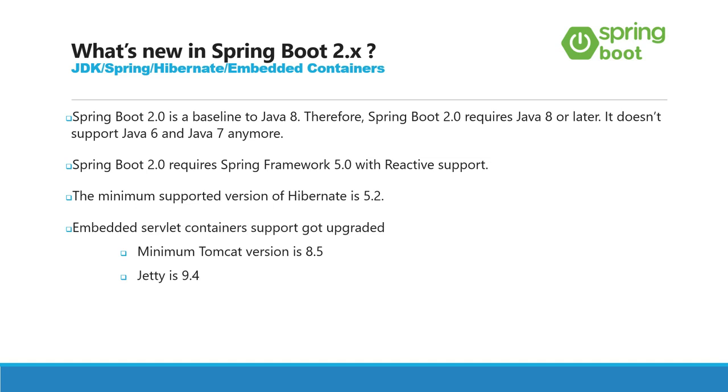Now when we talk about the embedded containers, that is also upgraded. The minimum Tomcat version is 8.5 and Jetty server is 9.5 when you are using Spring Boot 2. So these are all the updates related to JDK, Spring, Hibernate, and embedded containers.